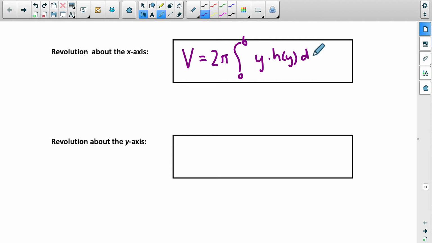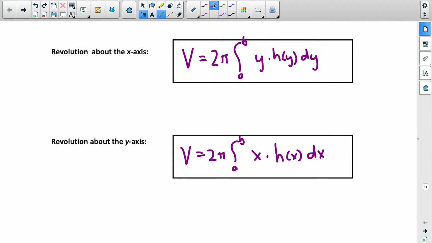We're integrating in terms of y. Let me write the second one as well. If it's around the y-axis, the 2 pi is the same, again a to b. It's not going to be y this time, it's going to be x. It's not going to be h of y, it's going to be h of x. It's not going to be dy, it's going to be dx.